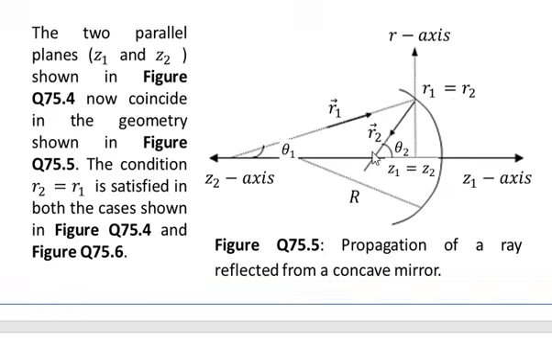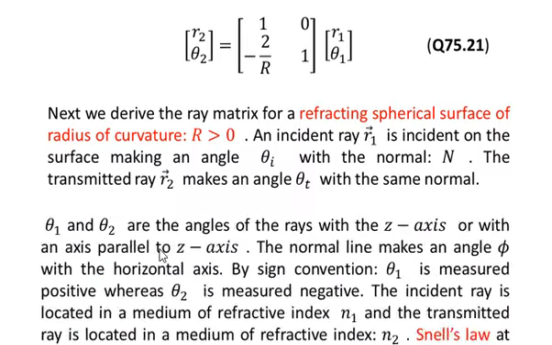So here theta 2 will be taken as negative. The two parallel planes Z1 and Z2 shown in figure 4 now coincide in the geometry shown in figure number 5. So the geometry shown in figure number 5 will also coincide with the geometry shown in figure number 4. The condition that R2 is equal to R1 is satisfied for both cases shown in figure number 4 and figure number 6.